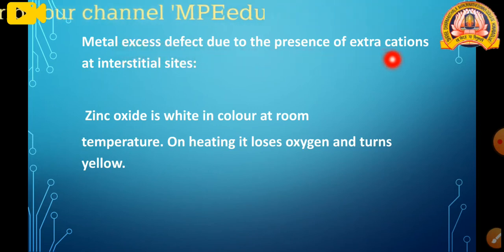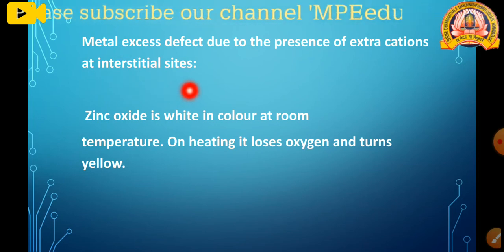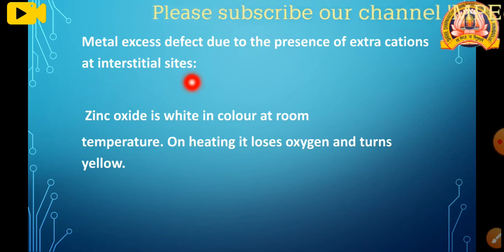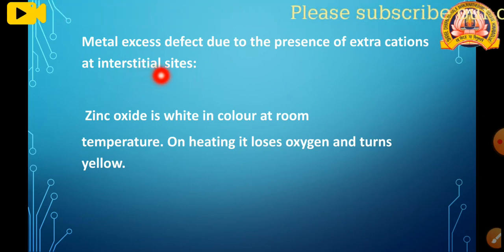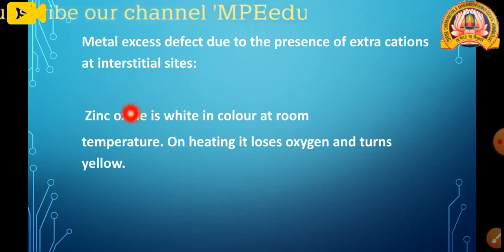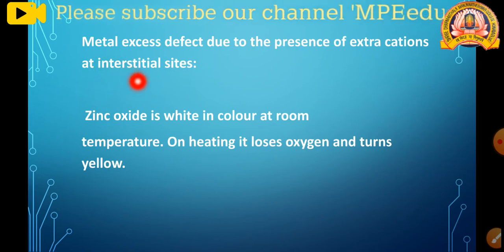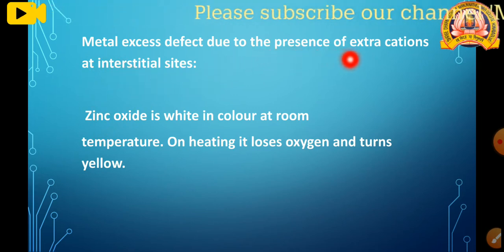Please remember, sodium chloride imparts yellow color, potassium chloride violet color, lithium chloride pink color. There is a possibility of asking questions on this part. Not only for competitive exams, for your annual exam also, this is very important.